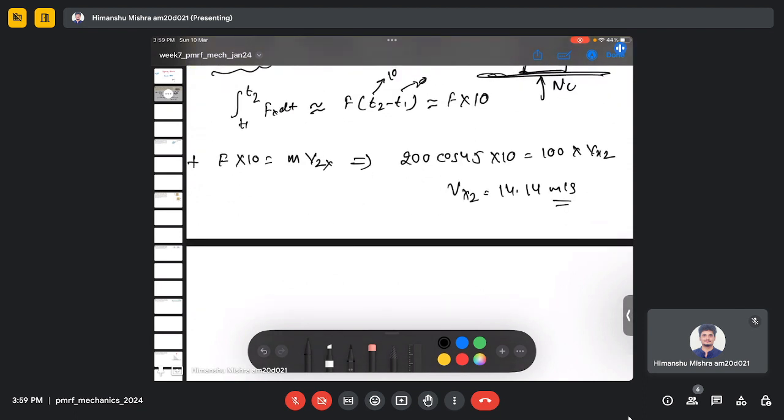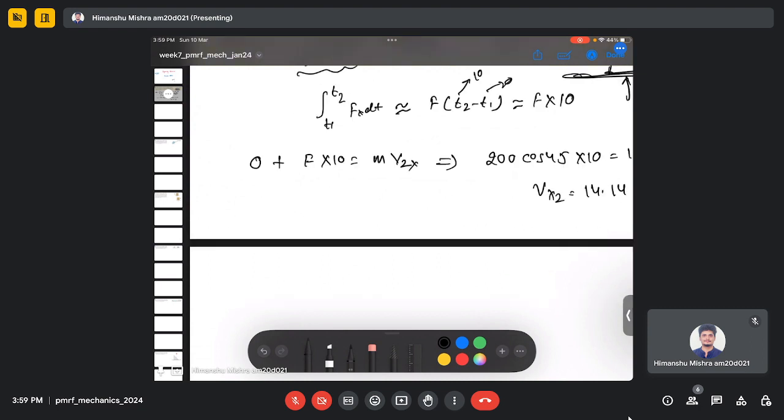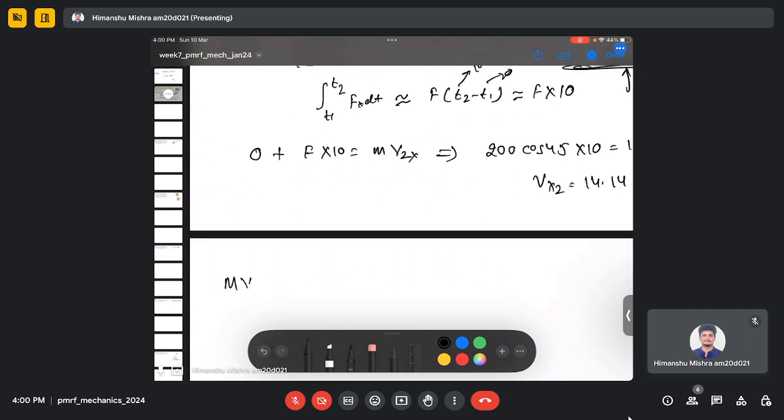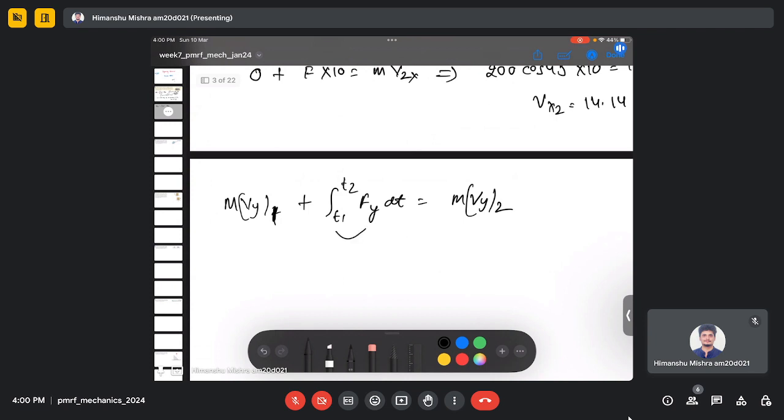Now if I apply the same conservation equation in the y direction, I can obtain the unknown force. This is one. This term is a summation of all the forces.